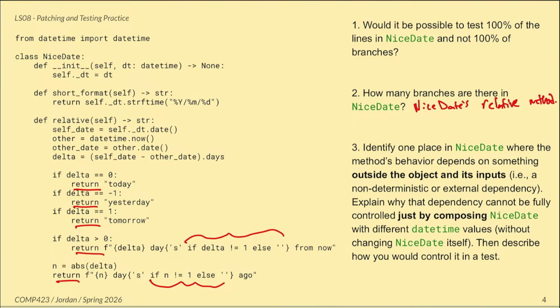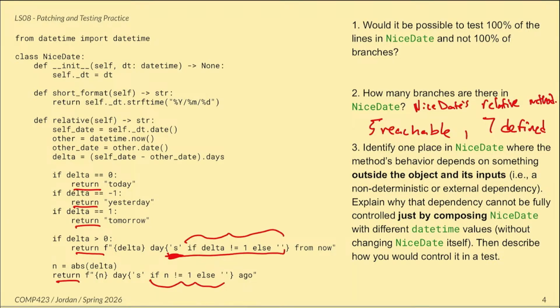The equivalent of that syntax in Python is S if delta not equal to 1 is true, otherwise it's the empty string. So there are 2 branches there, and if our logic were better reasoned, we would have 7 unique branches that we could test. So technically there's 5 reachable, 7 defined. That's a shortcoming in our code, right?